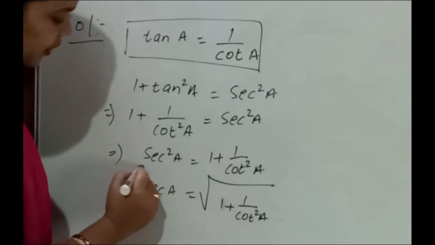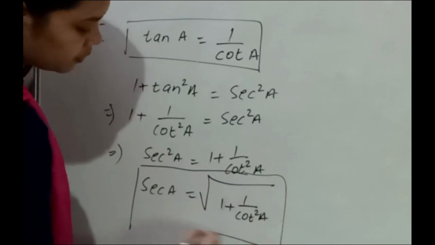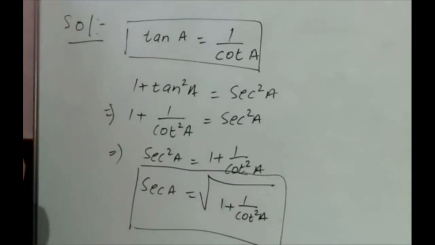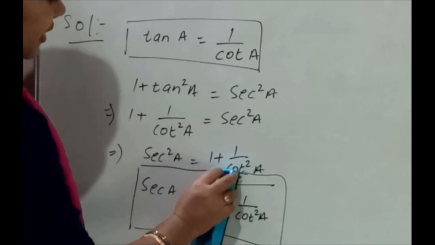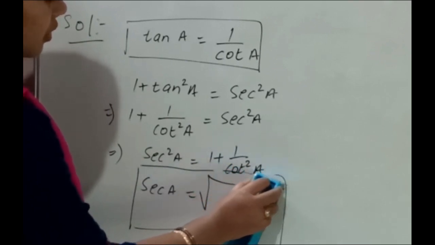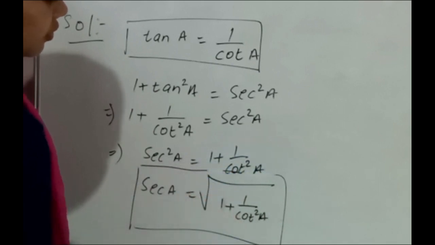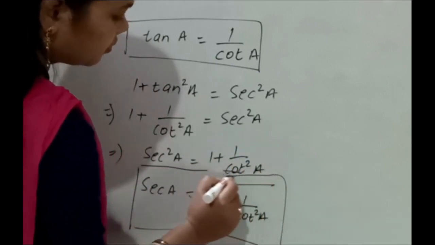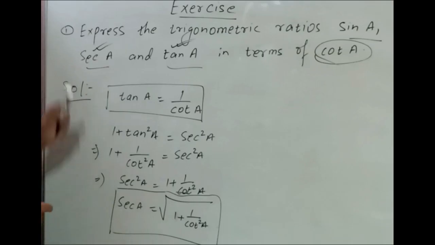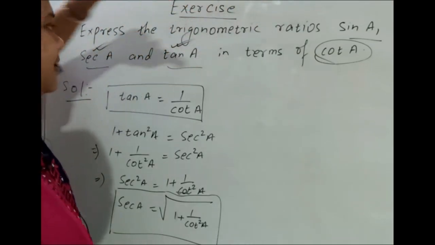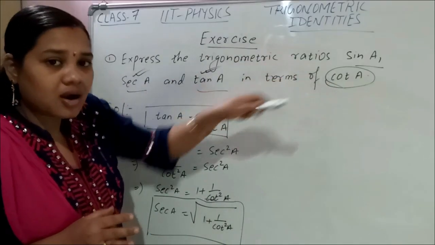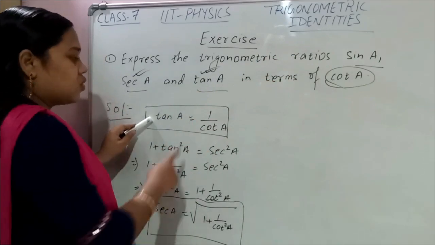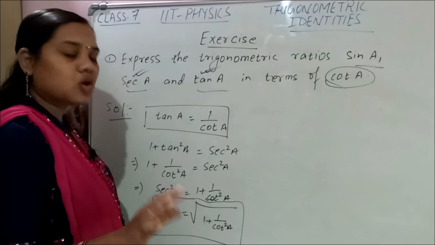Sec A is equal to whole square root of 1 plus 1 by cot square A. So we got sec A also in terms of cot A. These three trigonometric ratios, sin A, sec A and tan A, you have to express in terms of cot A. It means tan A is equal to whatever, only it should be in cot.